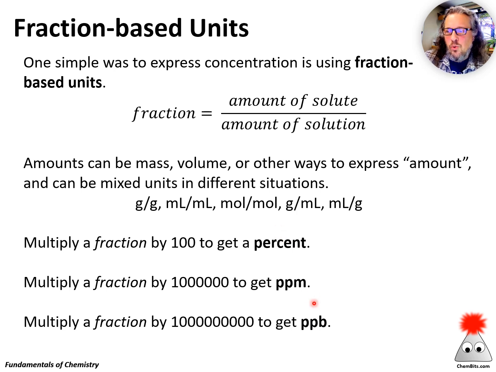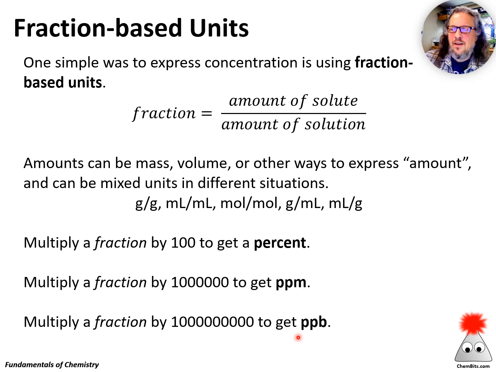The whole reason these units exist, especially part per million and part per billion, gets back to some of the things we talked about with sig figs. Why do we use sig figs? Why do we look at things like scientific notation? Because having a lot of zeros around can be hard to keep track of.